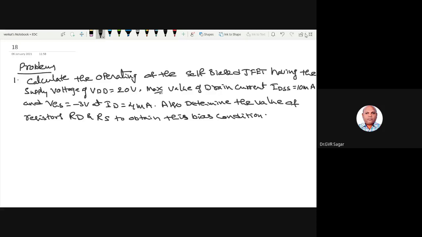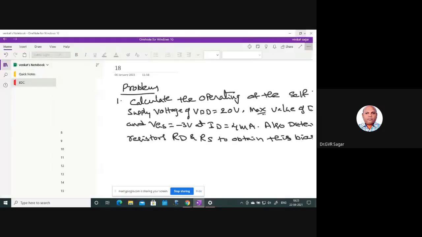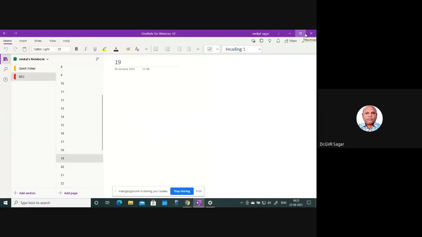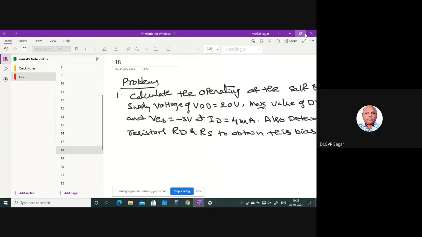That is the first problem. Clear? First problem: calculate the operating point of the self-biased JFET having the supply voltage VDD equal to 20 volts, maximum value of drain current IDSS equal to 10 milliamp and VGS equal to minus 3 volts at ID equal to 4 milliamp.